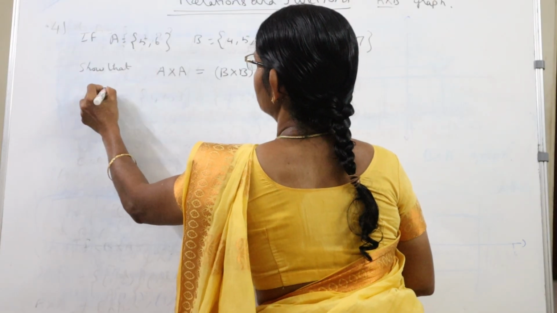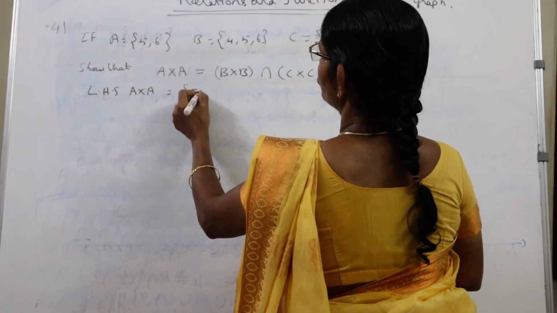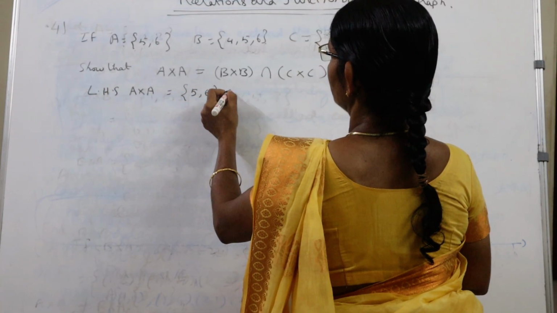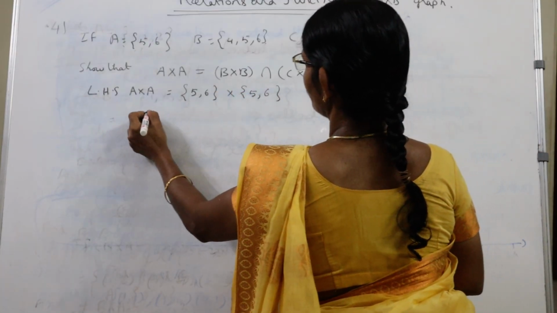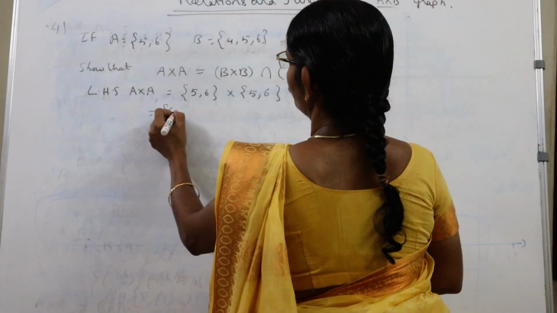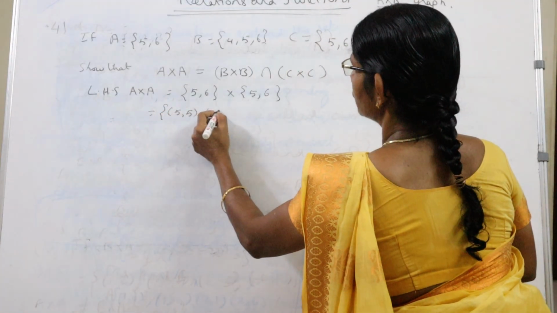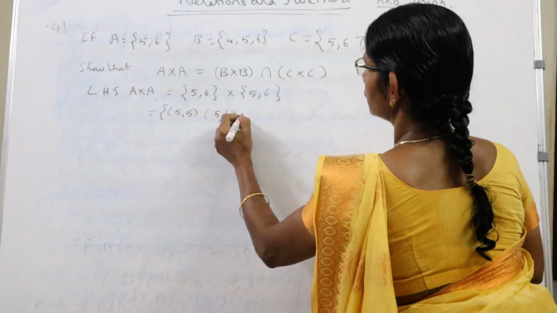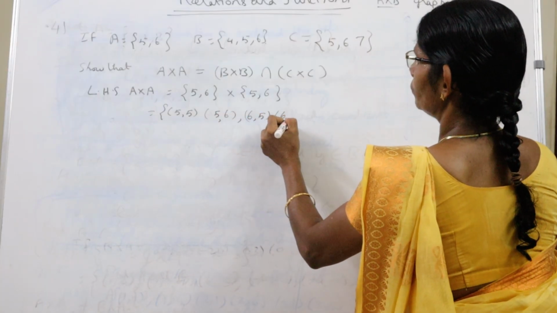Now the left hand side, A cross A equals {5, 6} cross {5, 6}: (5, 5), (5, 6), (6, 5), (6, 6).